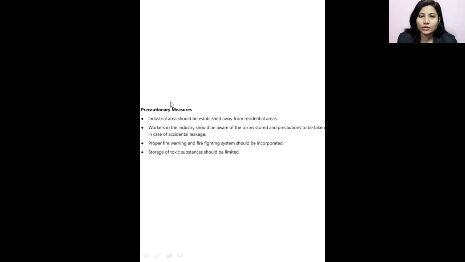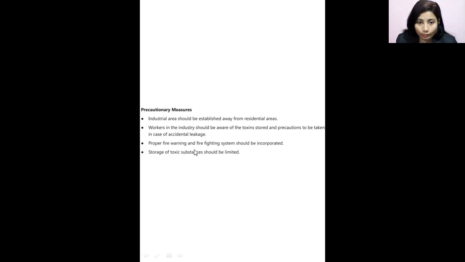We can take precautionary measures. The industrial area should be established away from residential areas. Second, workers in the industry should be aware of the toxins stored, and they should know the precautions to be taken in case of accidental leakage, and what can be done in that situation.